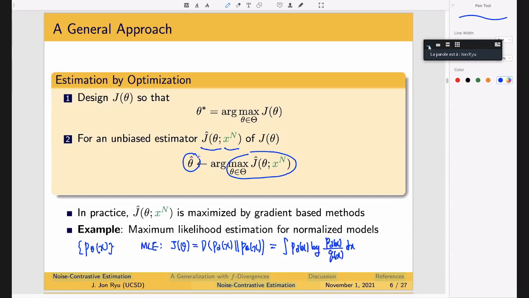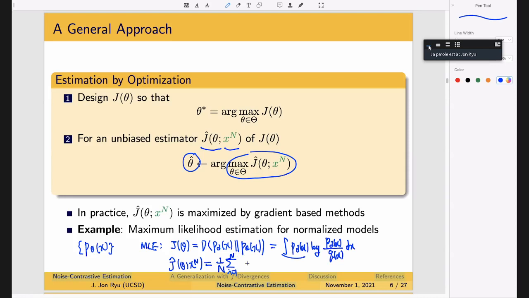And given samples, in practice, what we use is just replacing this integral with the Monte Carlo approximation so that it becomes an unbiased estimator.